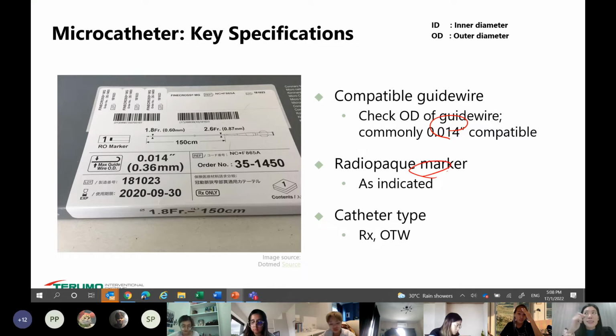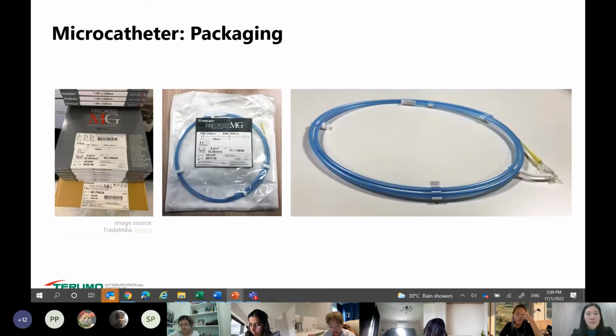Radio opaque marker, as I mentioned, most devices will have a radio opaque marker, because under Fluoro, I want to know where my devices are very clearly. So there's a part of this device that is much clearer under Fluoro for the safety of the patient. Catheter type, typically over the wire. Packaging of this microcatheter, nothing different. It comes in a box, with blister pouches that are not sterile.